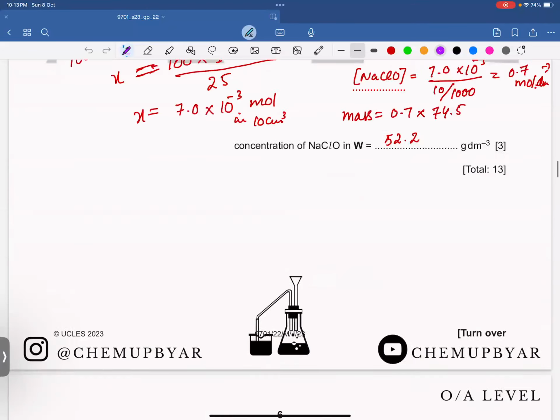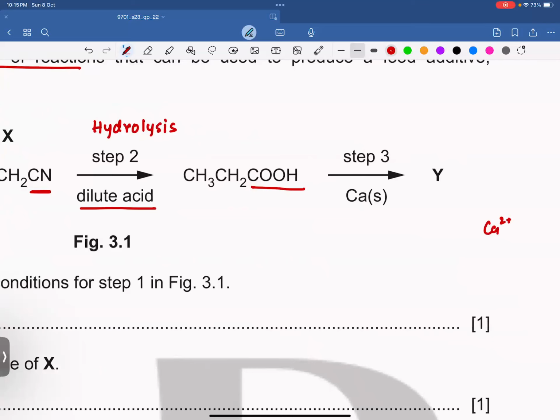Yes, sir. Now in the third reaction, we are adding Ca. So it's an acid and we are adding Ca. Calcium has a +2 charge. So what will happen here is CH3CH2COO negative and calcium 2 positive, so Y will be (CH3CH2COO)2Ca.